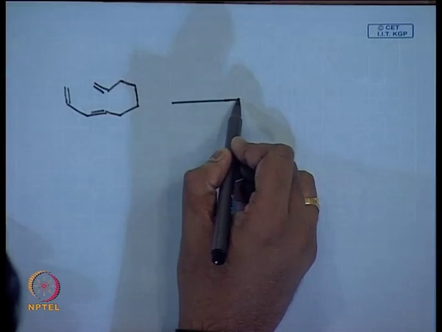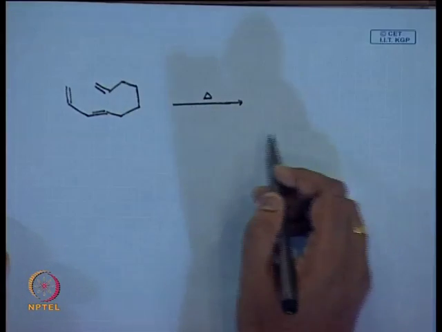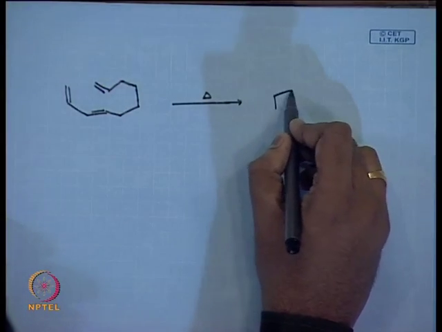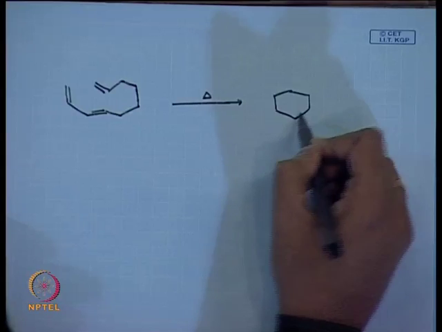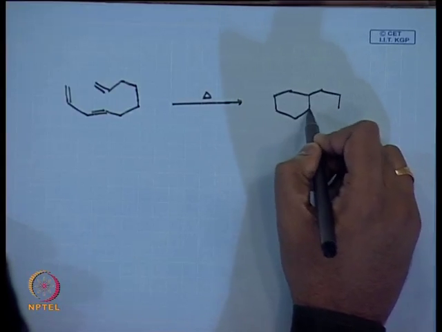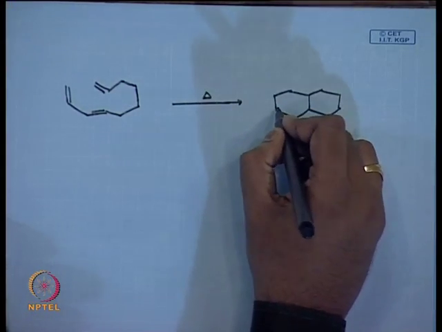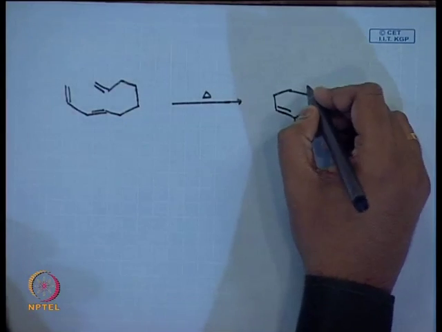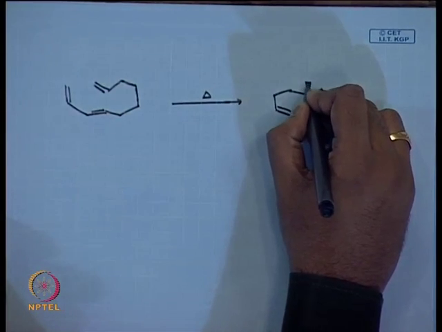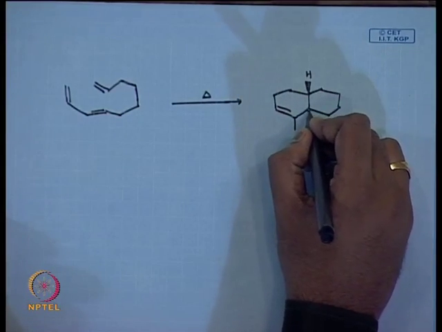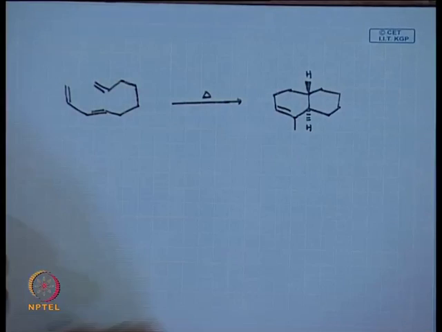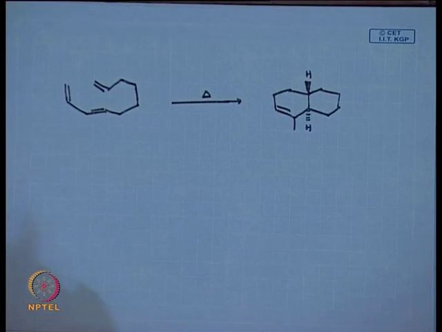Now, if I do this heating, the product which we get is a trans ring junction. You end up with that sort of trans ring junction.